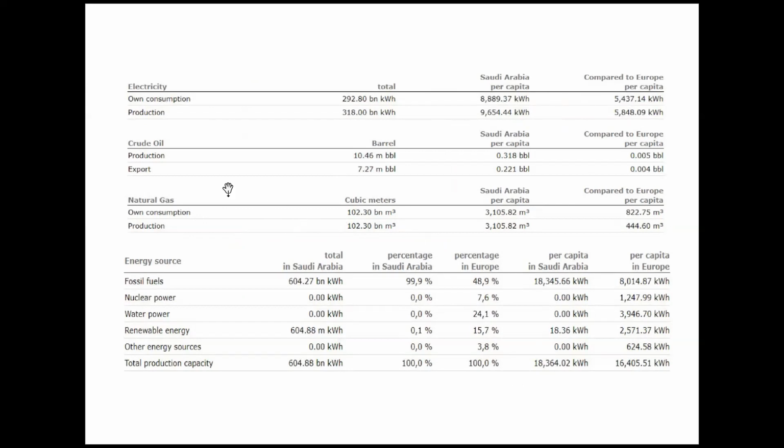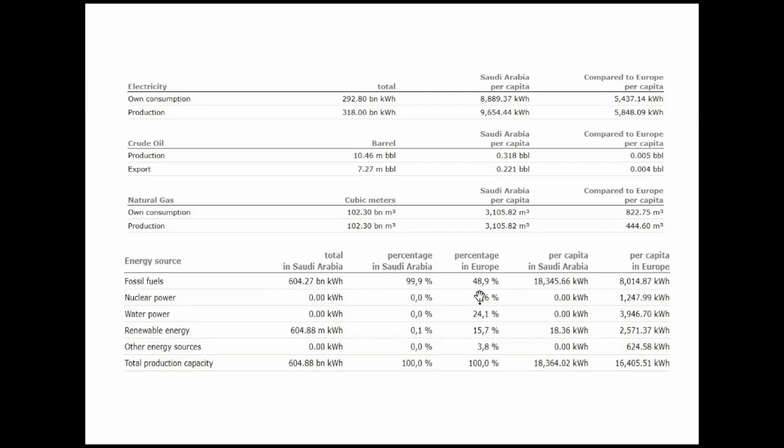When we look at how electricity is produced, the energy sources in Saudi Arabia are almost entirely fossil fuels. The renewable share is very low, about 0.1%.